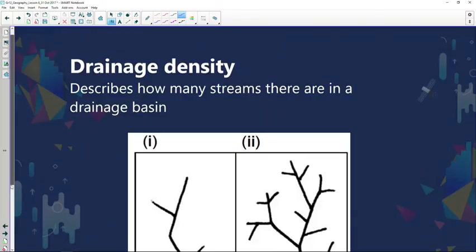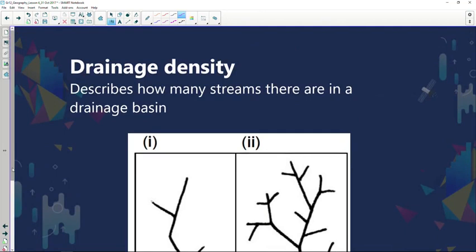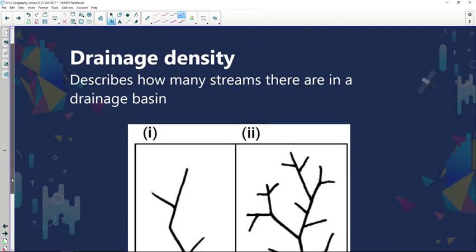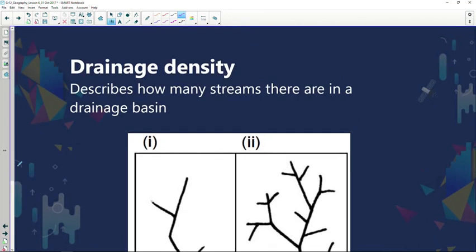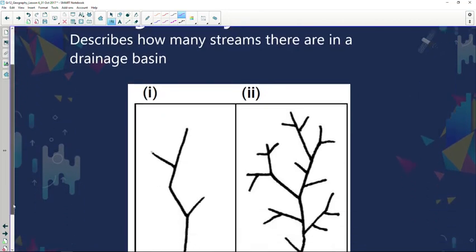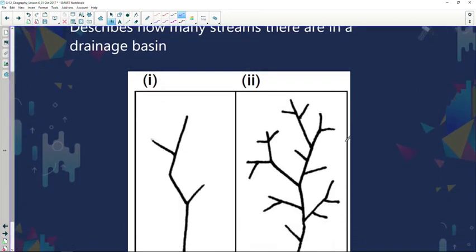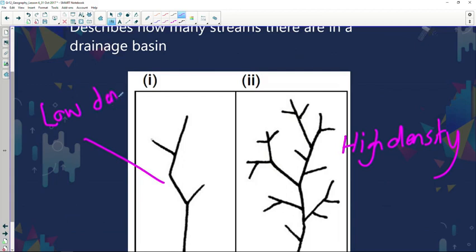Now, drainage density, what we've learned before the break, is surface runoff and groundwater runoff. If a drainage basin's got a high density, it looks as follows. This is high density over here. And this drainage basin has a low density.